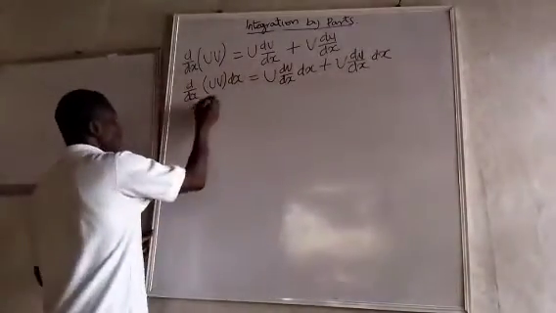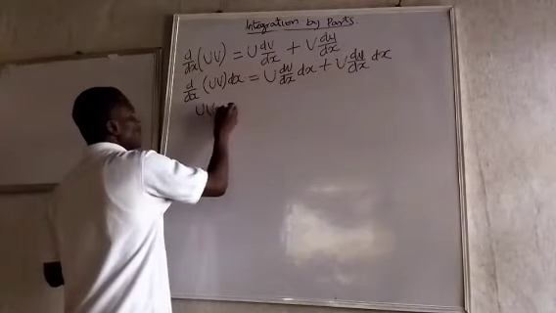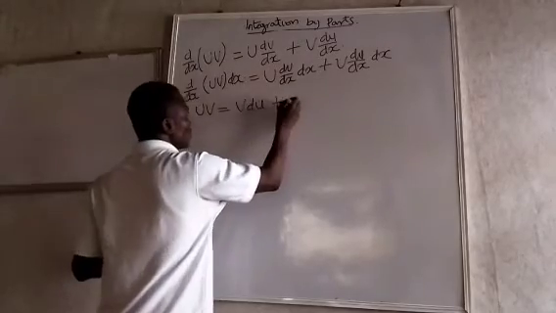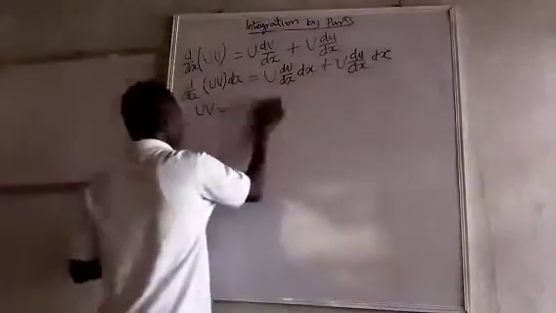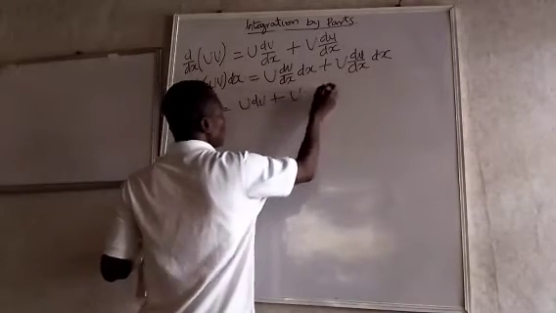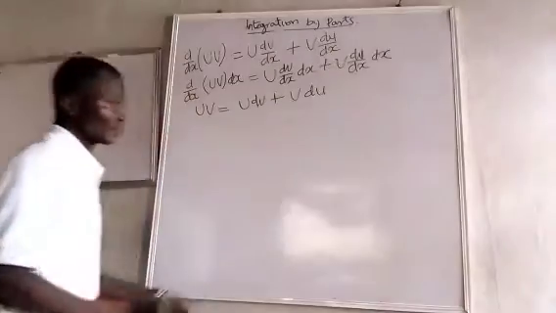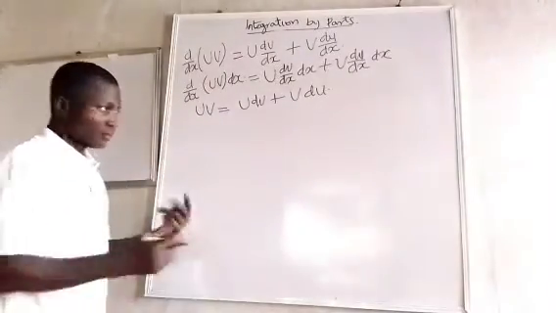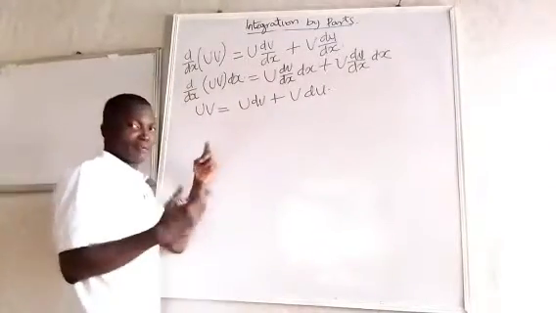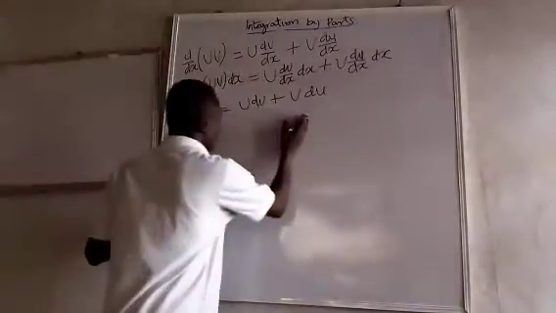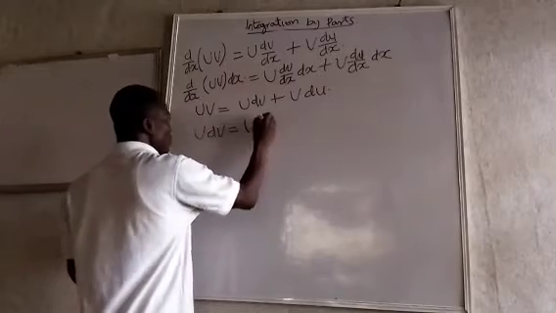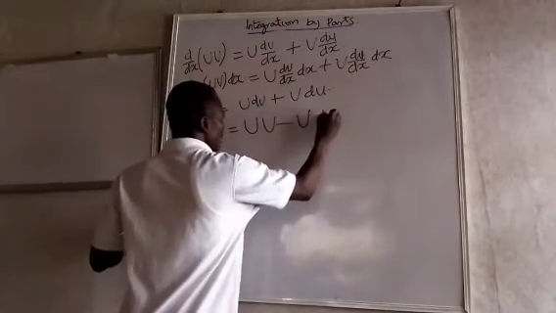So at the end of the day, uv will give us the integral of u dv plus the integral of v du. Now, because of the way our integration is, u and v don't have any relationship, so we are going to have the integral of u dv equal to uv minus the integral of v du.